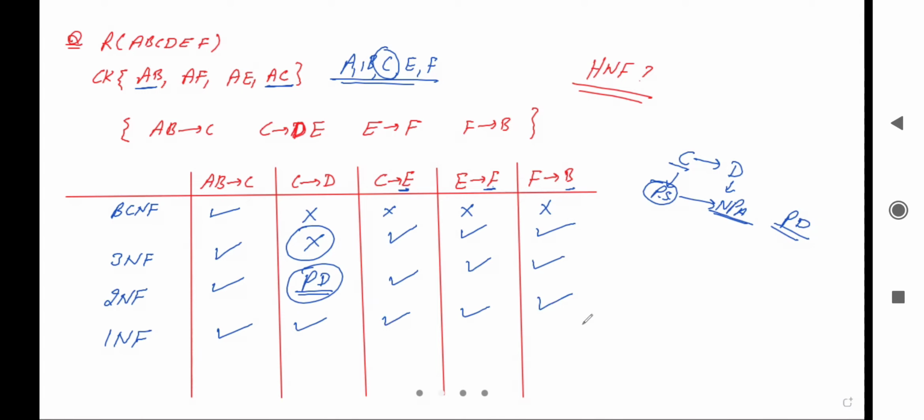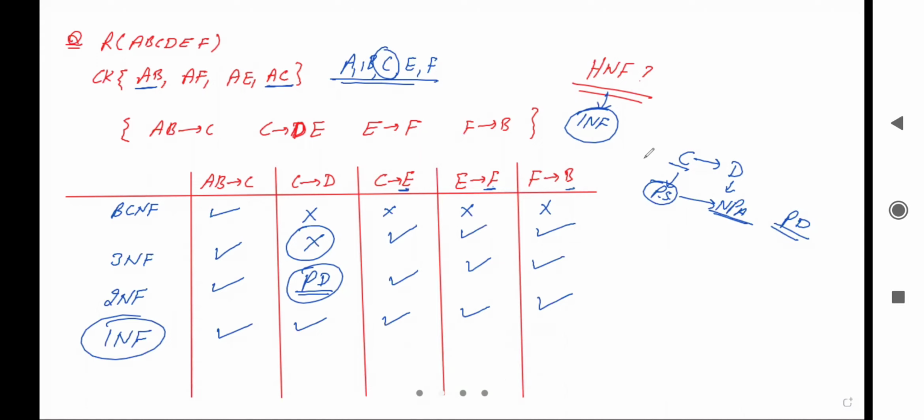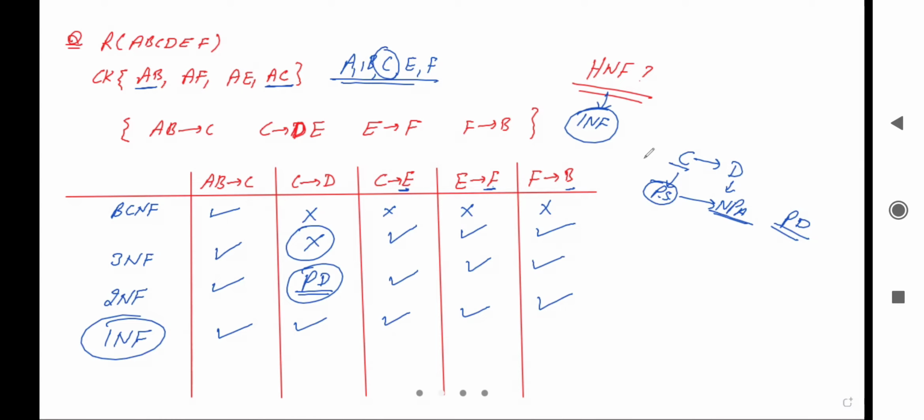So here the highest normal form is the first normal form. Is it clear to all? Okay, fine.